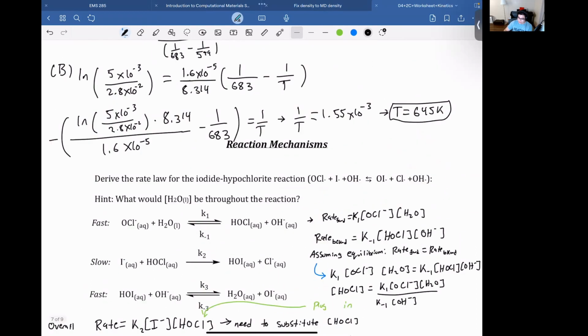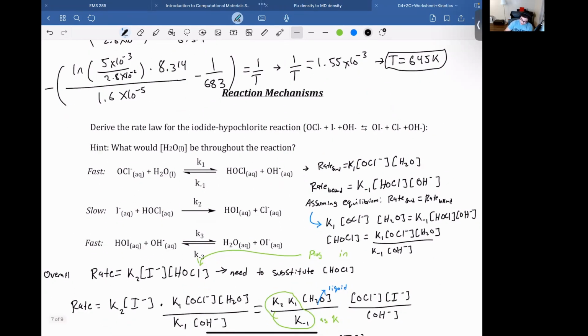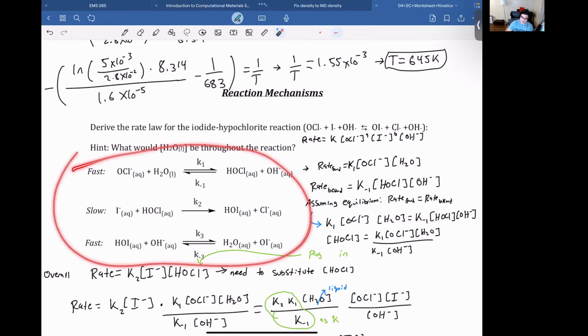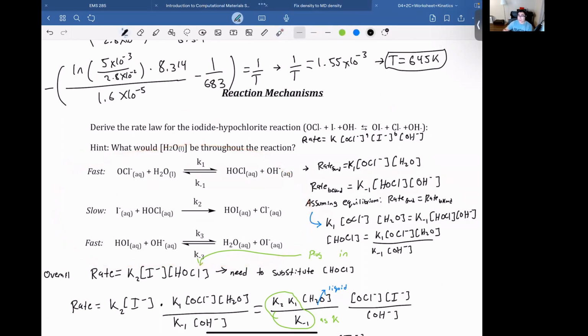So your rate law is going to contain this one. And maybe I should have done this in the beginning, but you know the rate law is going to contain something like this. It's going to be K times OCl minus to some power times iodine to some power times OH to some power. And then you can use these different reactions to figure out what it is and their rate constants.